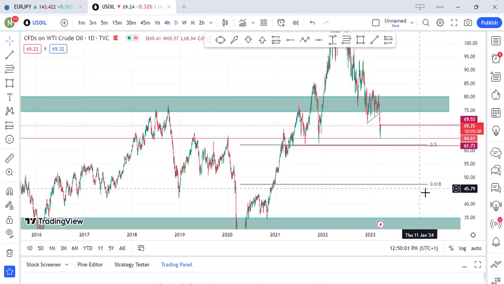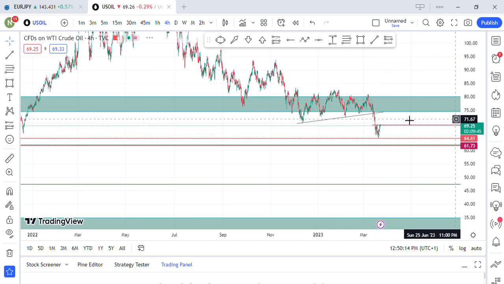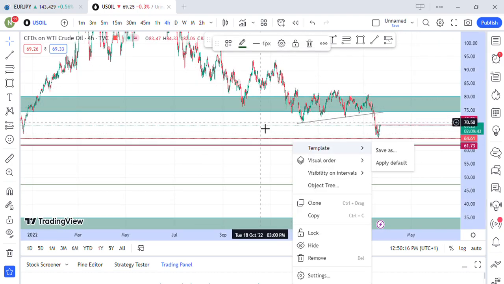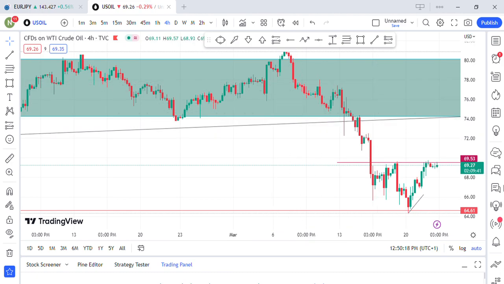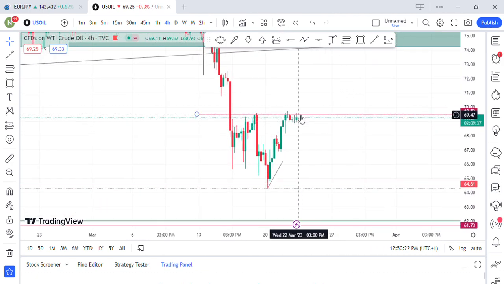We can see the market is having enough pressure to push and come here. So my view on this, watch out for double tops and double bottoms, and my view on this pair is to long this pair even from here, from current market price. You can long this pair from here.